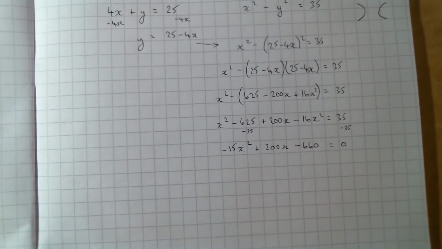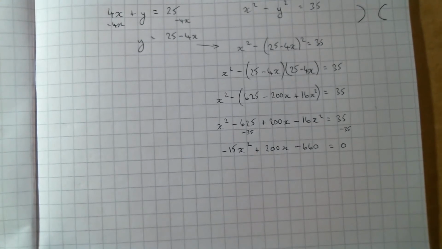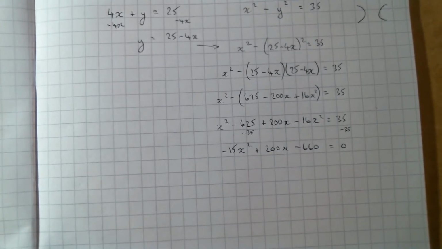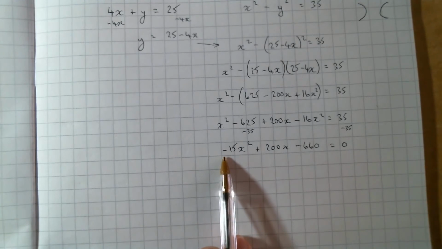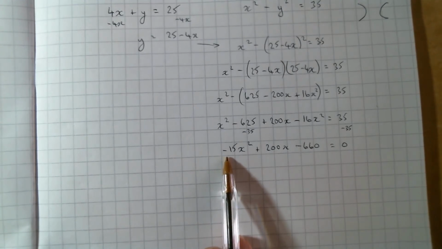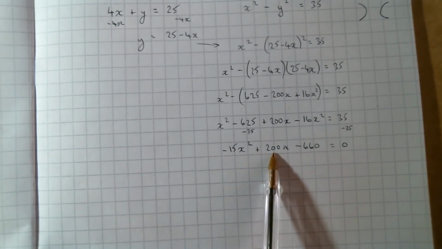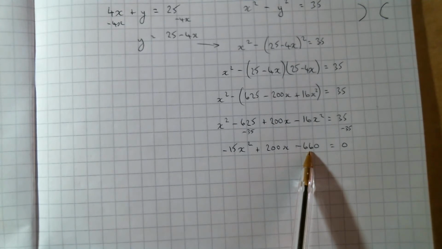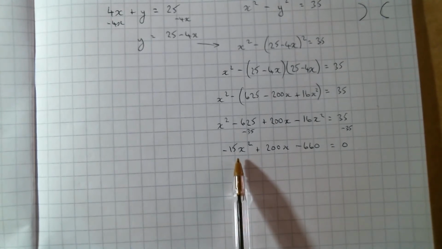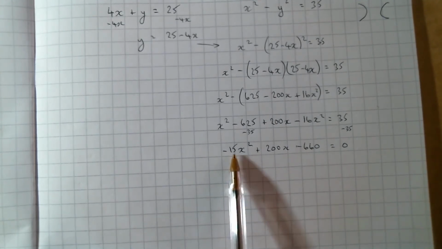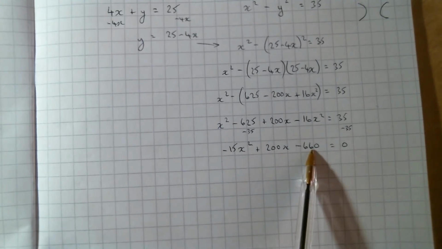So as we've had in previous situations, we have a quadratic that we need to solve. However, it has this negative on the front. That's more awkward than it needs to be. I'm also noticing these numbers are quite large. If there is a common factor in all of these, then I could do something with that. All of these are divisible by at least 5.